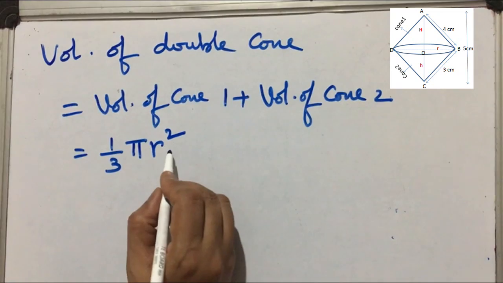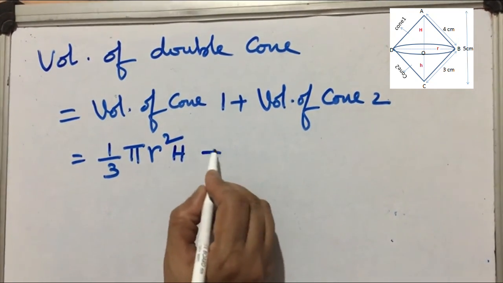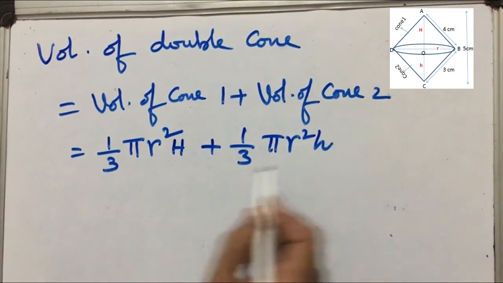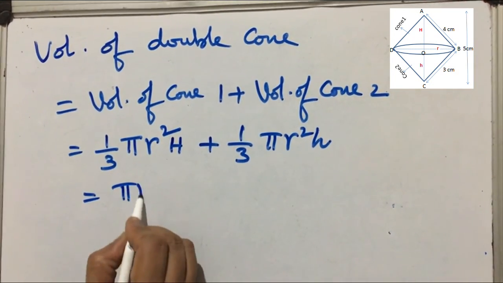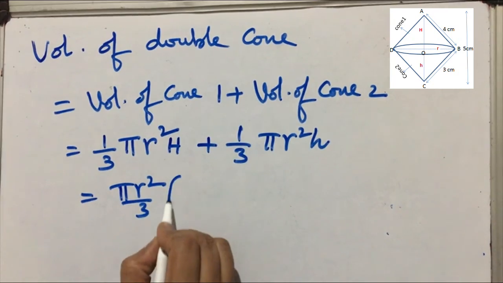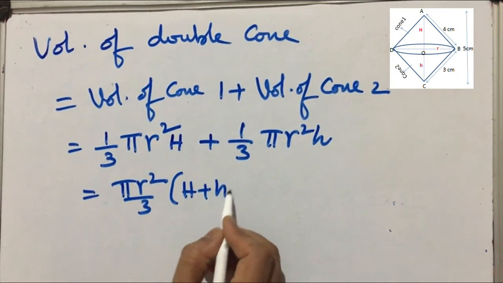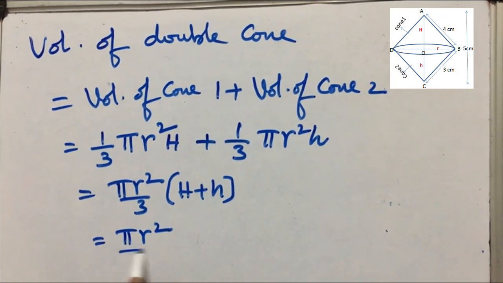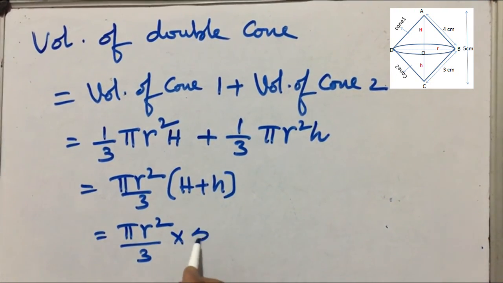So 1 by 3 pi r square capital H plus 1 by 3 pi r square small h. You can take pi r square by 3 in common, H plus h, which is nothing but 5.